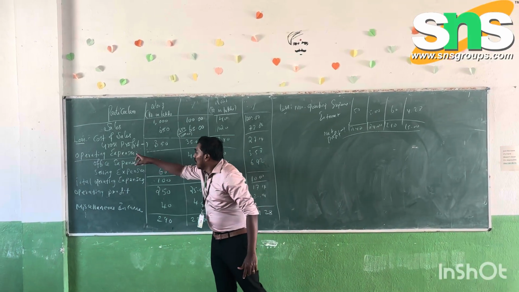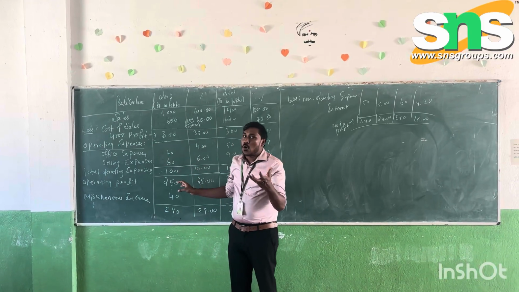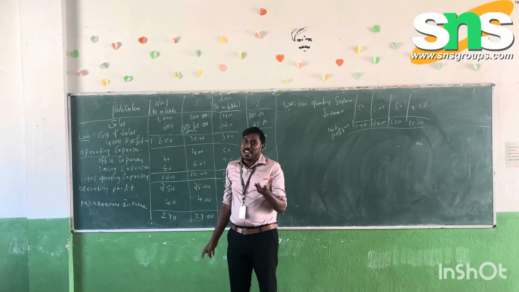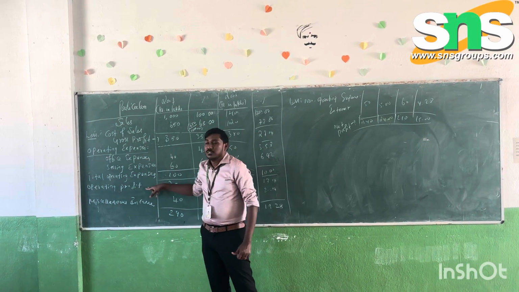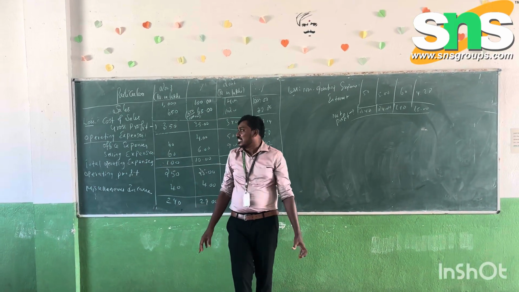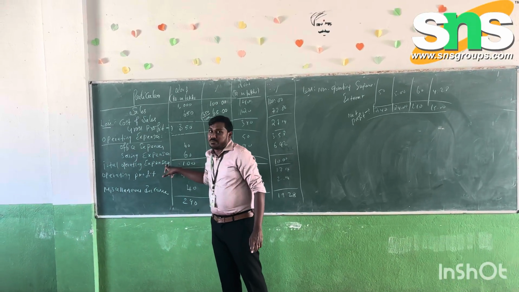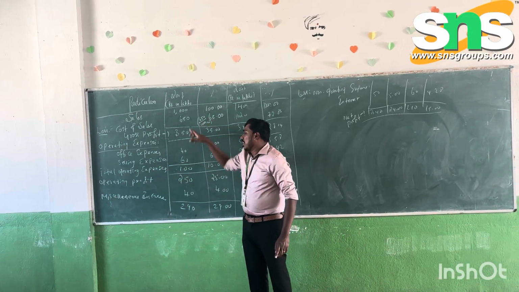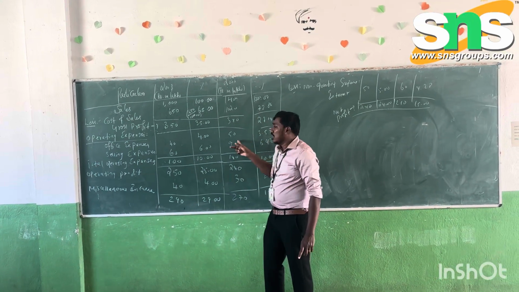Sales minus cost of sales gives the gross profit. Gross profit is the main source of the company. With this gross profit, we give some expenses: office expense and selling expense. For the year 2003 it is 40 and for 2004 it is 50.